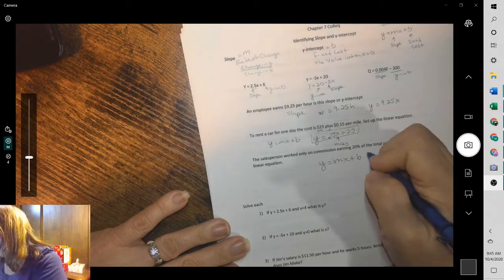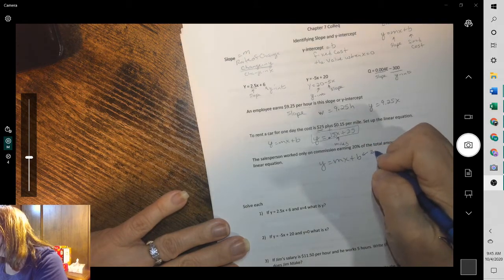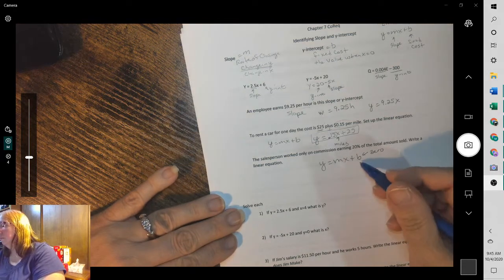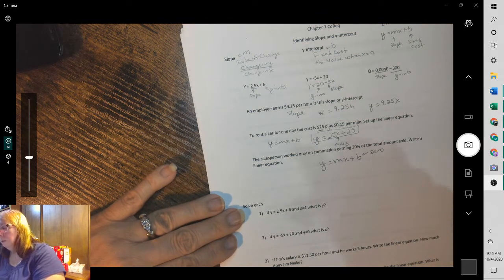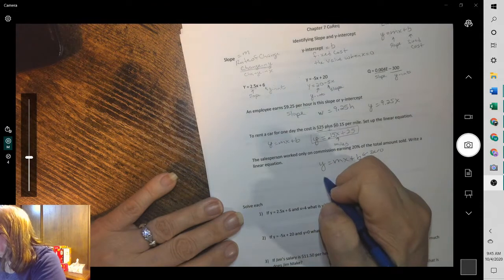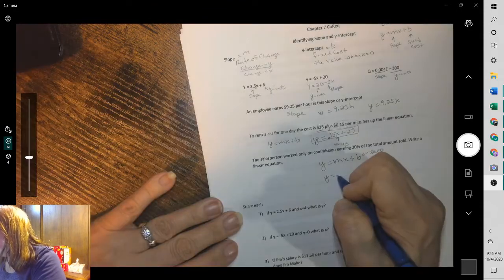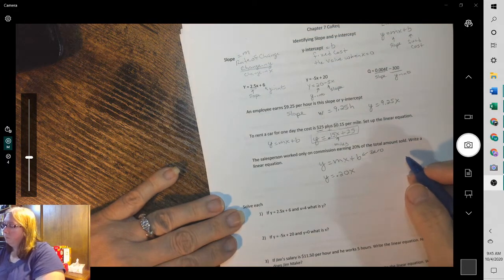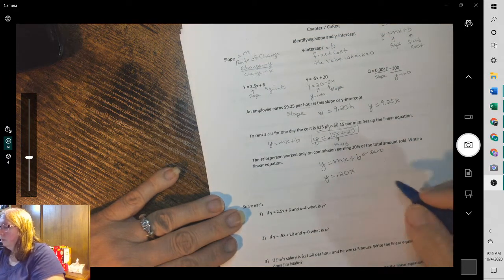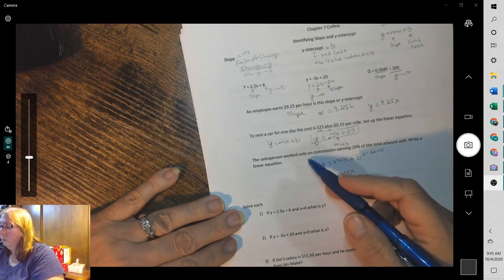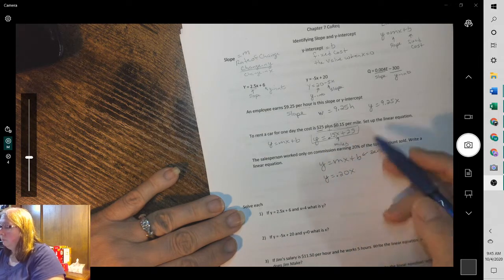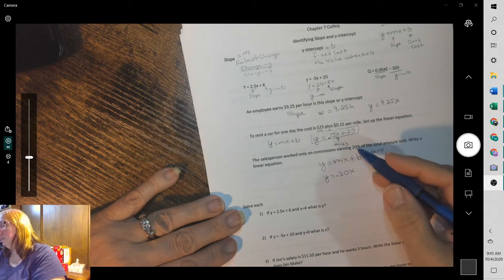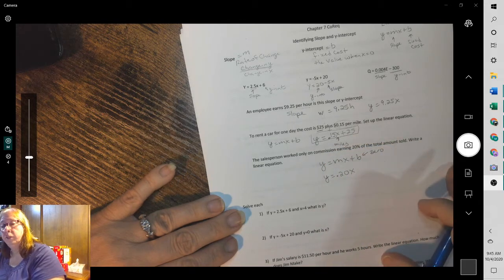That means that B is 0. Because if he sells nothing, he makes nothing. That's the beginning cost. 20% is the rate of change, and it should be written as a decimal. 20% of whatever the person sells. Now, if they started with $100 and then 20% of everything they sell, then we put 100 here. But they start with nothing.